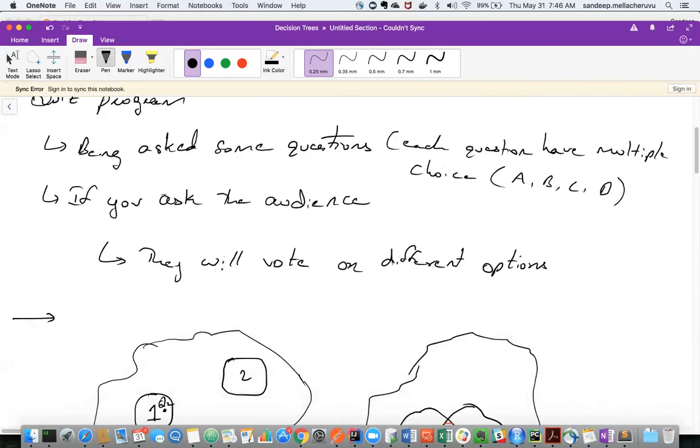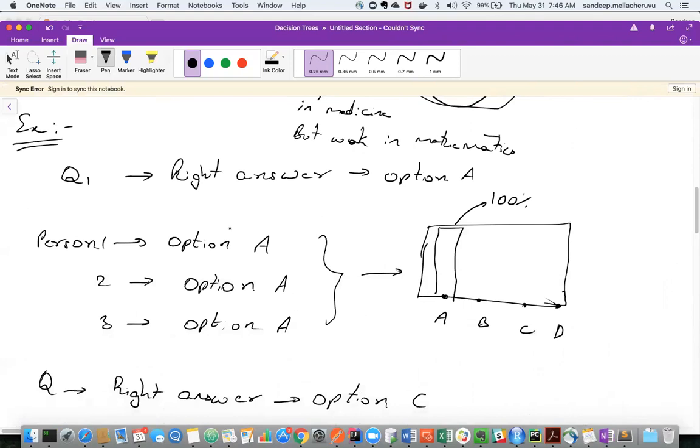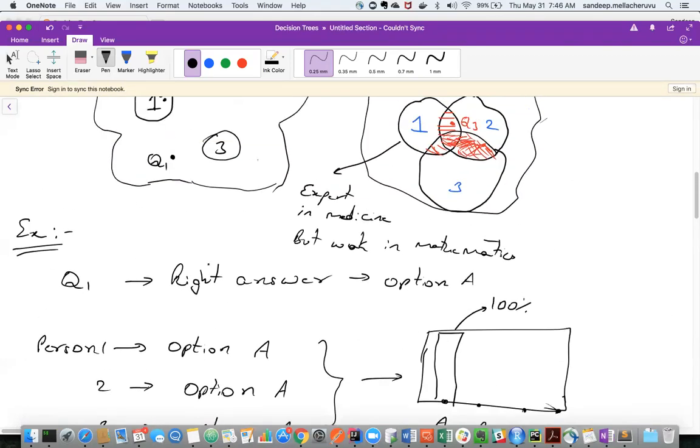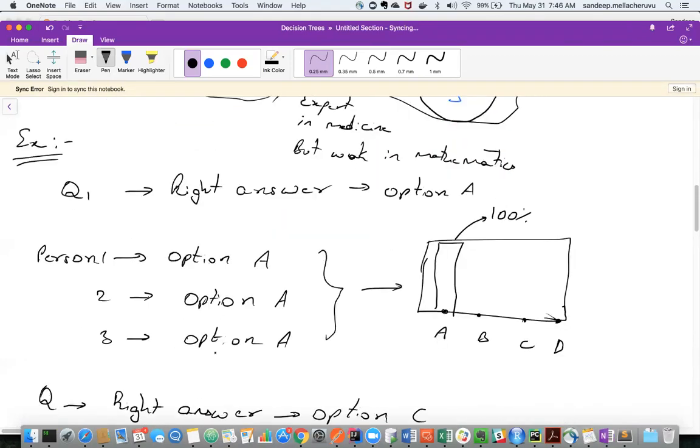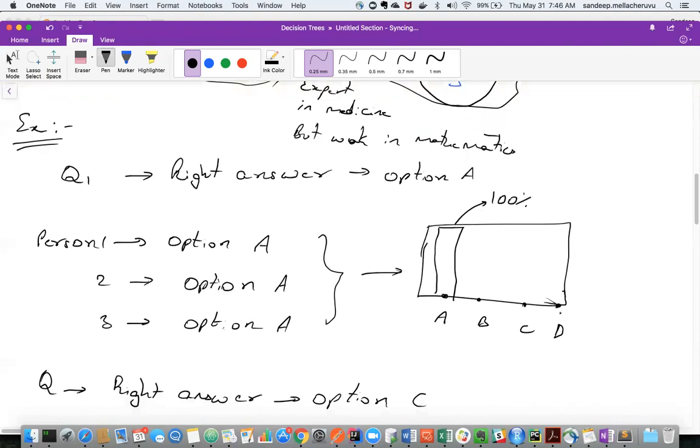Bagging is nothing but voting. What did I do in the quiz example? I just counted the number of times I said A, the number of times the crowd said B, the number of times the crowd said C and D. I counted the number of times each answer is given.